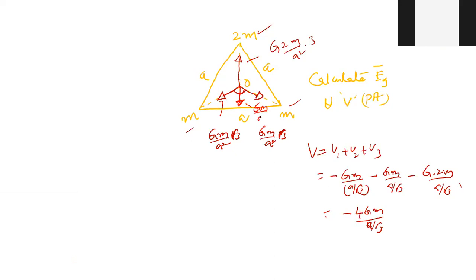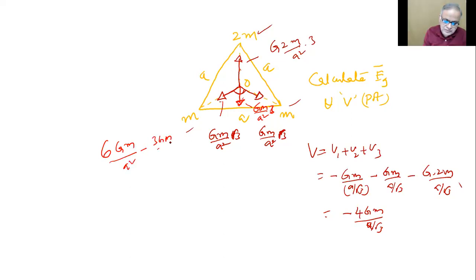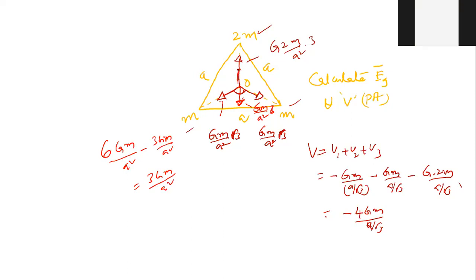Gm by a square into root 3. So this and this are in opposite direction, isn't it? This is 6 Gm by a square, this is 3 Gm by a square. So finally it is 3 Gm by a square in this direction.